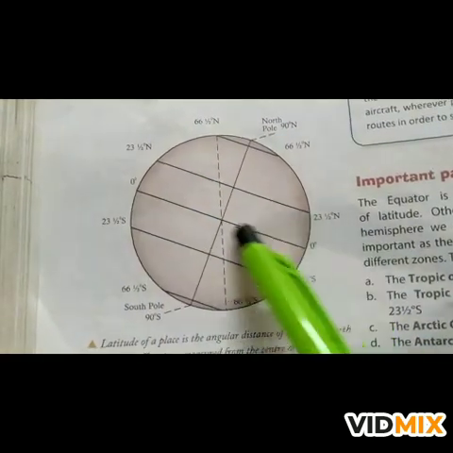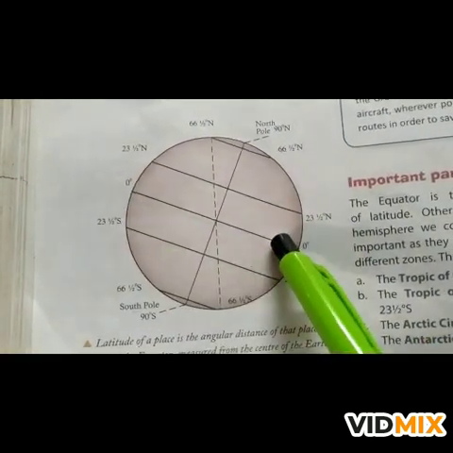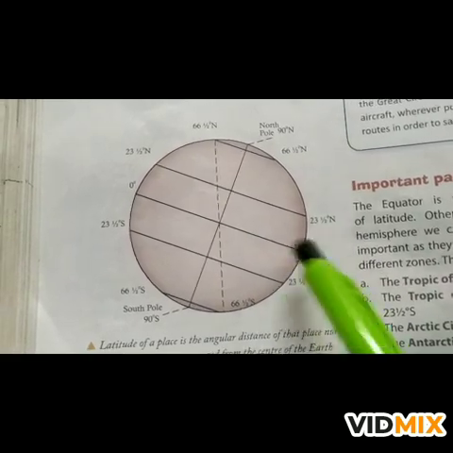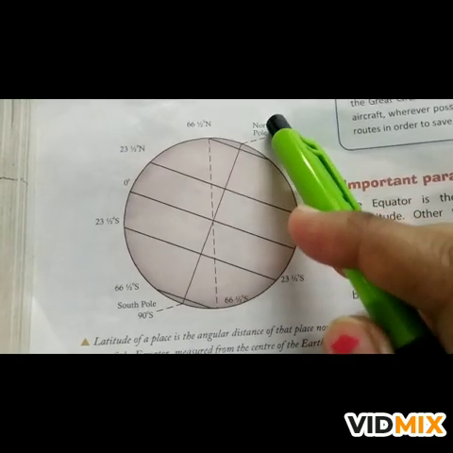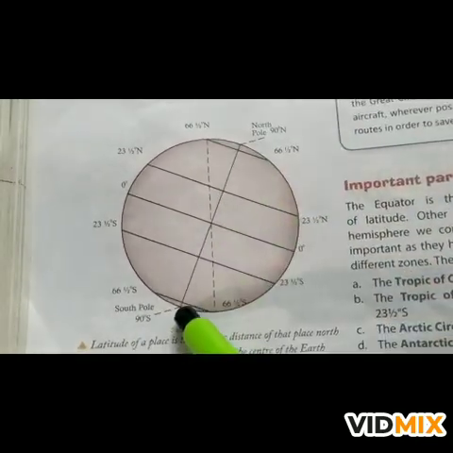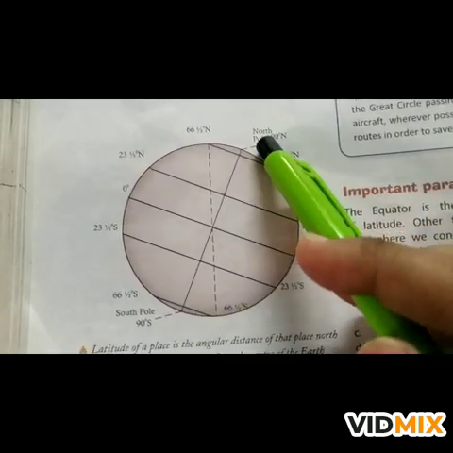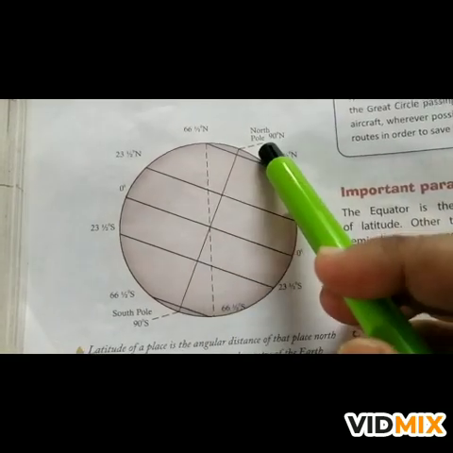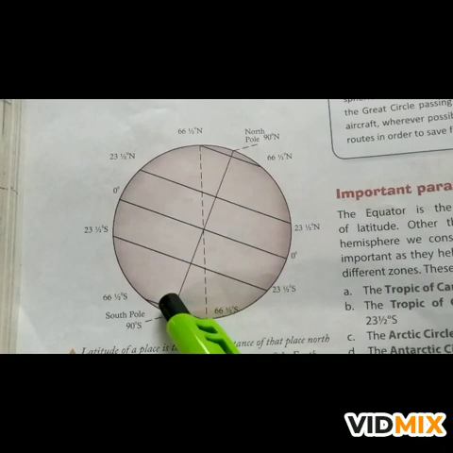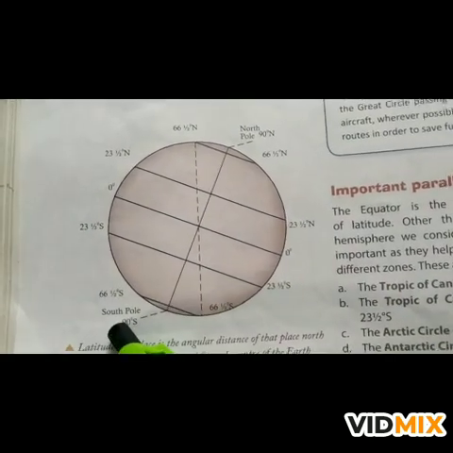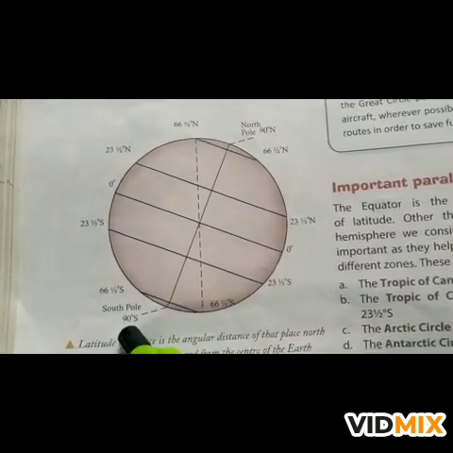This is the equator and this is the starting point. It is considered as 0 degrees. And the angular distance of the poles from the equator is 90 degrees. So we can say the North Pole is 90 degrees north latitude and the South Pole is 90 degrees south latitude.